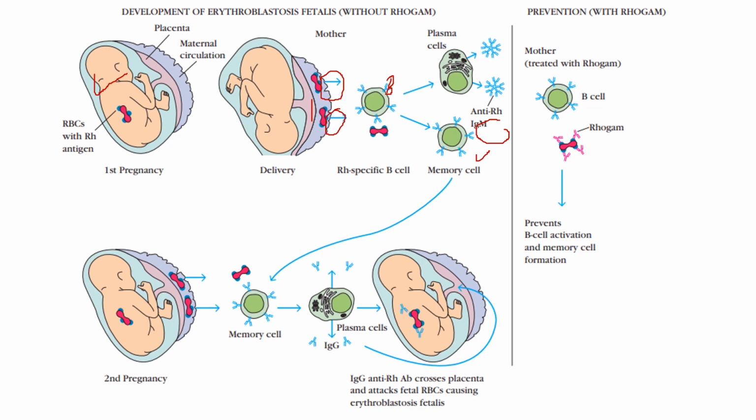This problem can be prevented by giving the mother antibodies, that is RhoGAM, against the Rh antigen around the 28th week of pregnancy and within 24 to 48 hours after the first delivery.